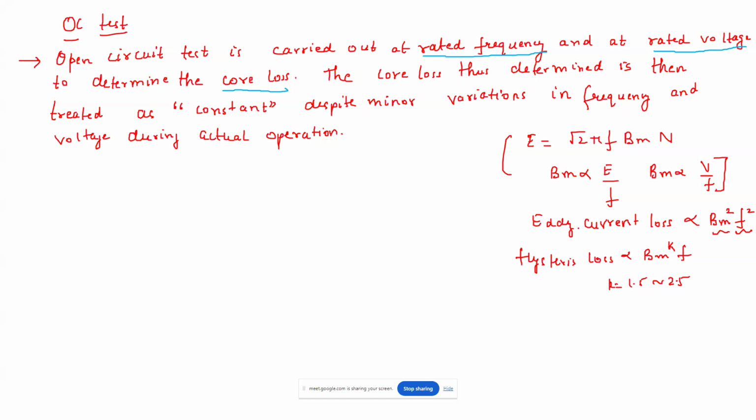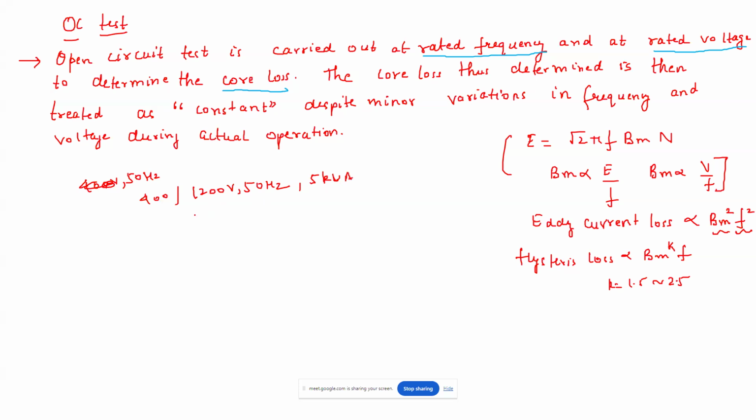That is why we can determine the rated hysteresis loss and rated eddy current loss, because rated means operating the machine at its rating. Suppose a machine is rated 400 volt, 50 hertz. Say a transformer is a 400 to 1200 volt transformer, 50 hertz, with some power rating like 5 kVA.